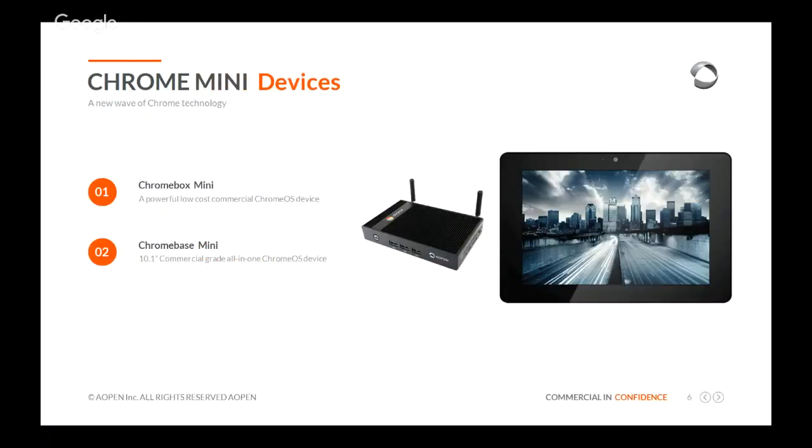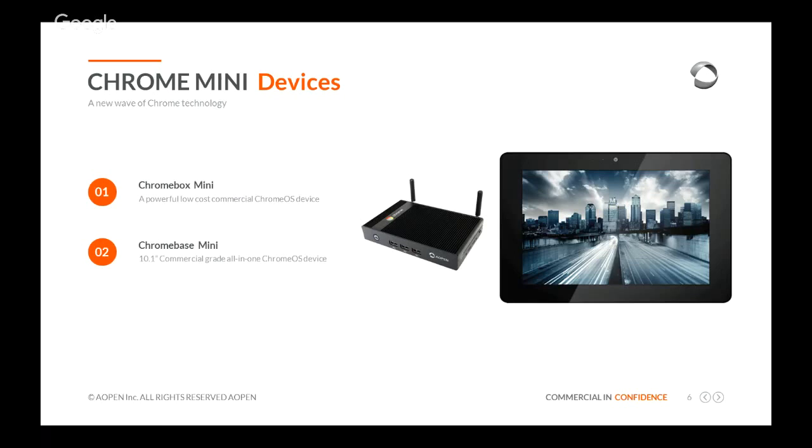So the next two devices that we released, and this was back in March of 2017 at DSC, are our Chrome Box Mini and our Chrome Base Mini. So same sort of a design idea behind both devices. They both have the same guts and the power, but this time we went for a much cheaper, more affordable option on both.